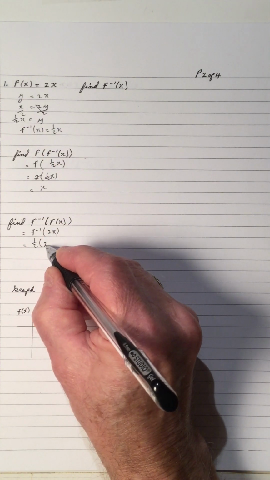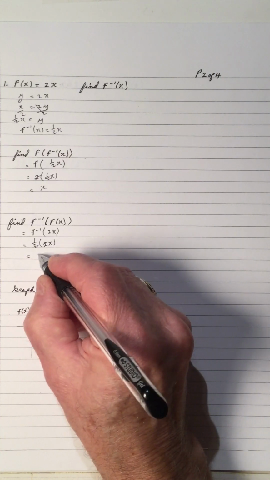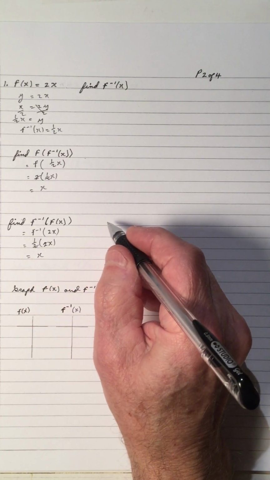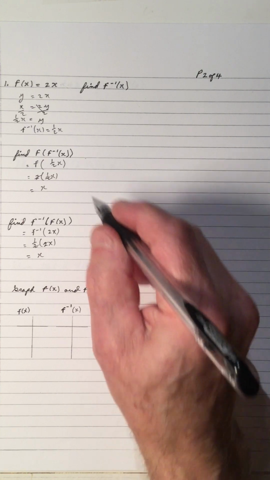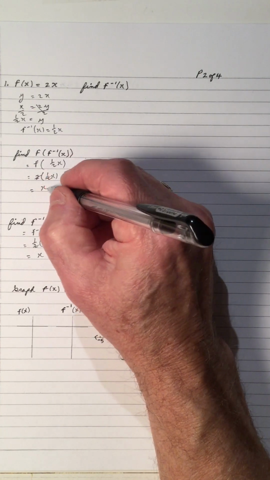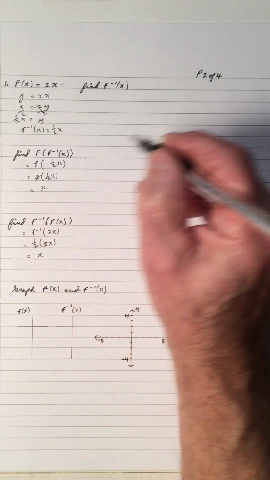We get a half times 2x, and a half times 2 is 1, so we get x. Again, if you have two functions which are the inverse of each other, their composites will always give the original number back, which is x.